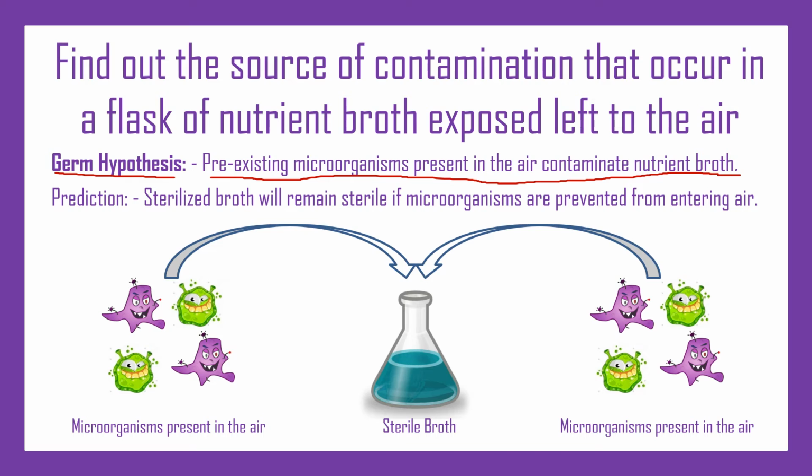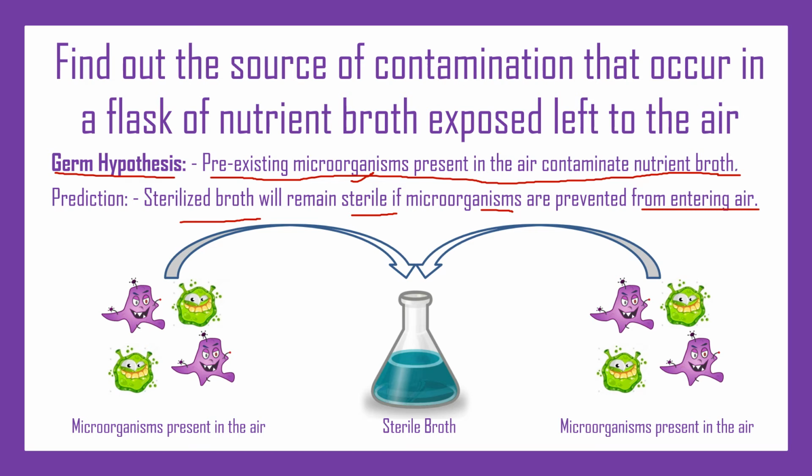So from this we can say that in air some microorganisms are already present that could contaminate the nutrient broth, and from this we could predict that sterilized broth will remain sterile if the microorganisms are prevented from entering air.